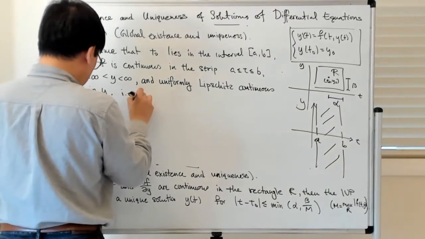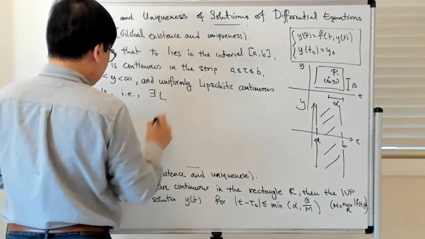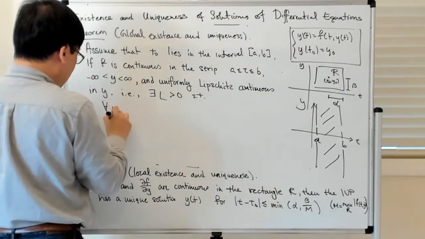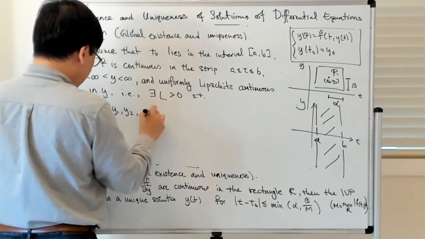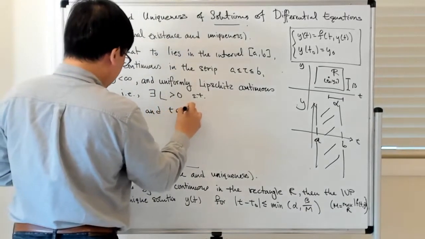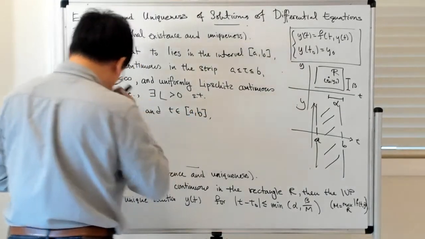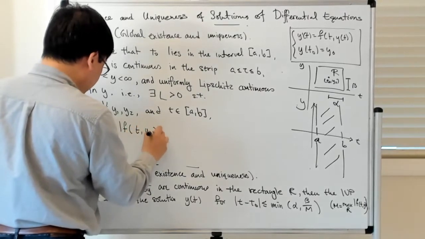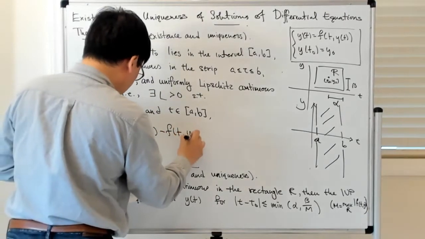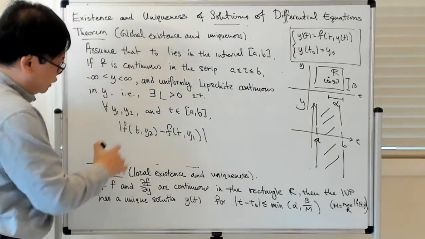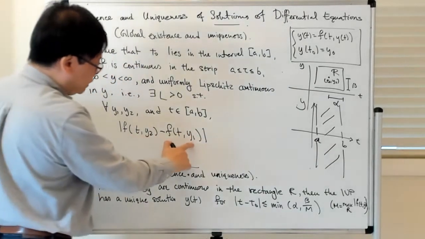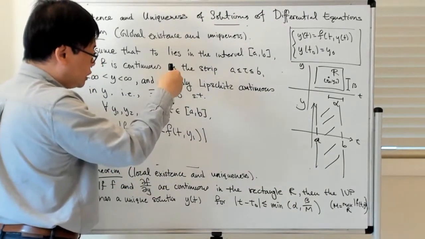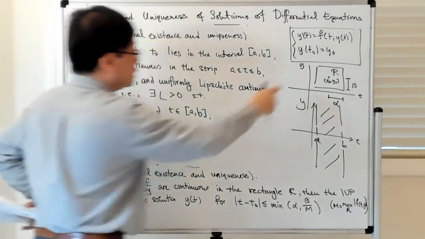What it says is the following: there exists some Lipschitz constant L greater than 0 such that for all y1 and y2 and for all t in the interval between a and b, the difference between f at t comma y2 and f at t comma y1. So what is happening here is that you're evaluating f at two different positions, but the time remains the same. This is why we're referring to Lipschitz continuity in y, in this variable y.